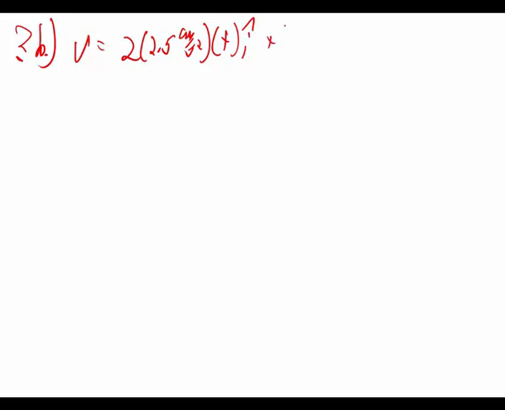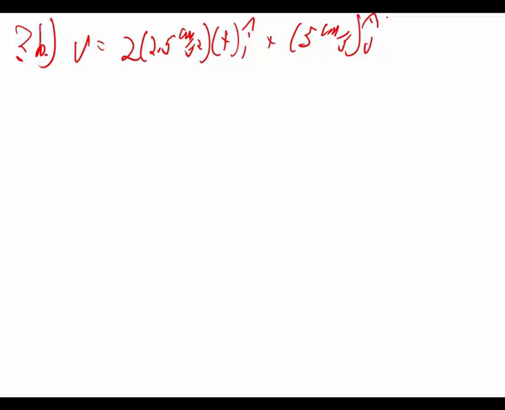Just 5 centimeters per second J, is that right? Because the T's gone. Take the derivative of T, it's 1, right? Okay. Now we just do what? We plug and chug, don't we?